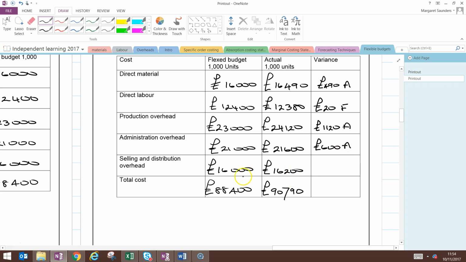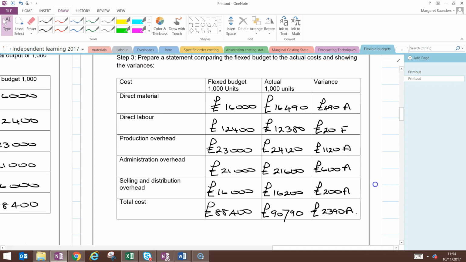Selling and distribution, there is a £200 difference, and the actual is more than the budget, so we've spent £200 more on overheads than we planned, so that is adverse. And finally, looking at the overall totals, we exceed the budget by £2,390, and that is adverse.